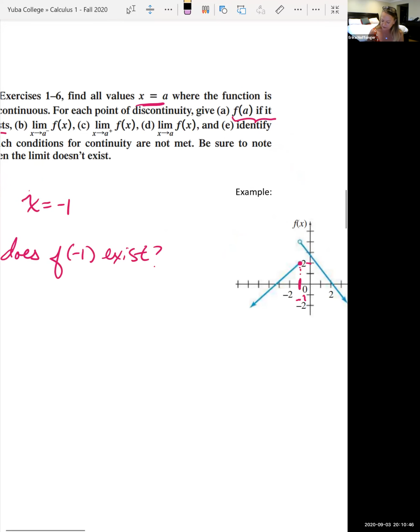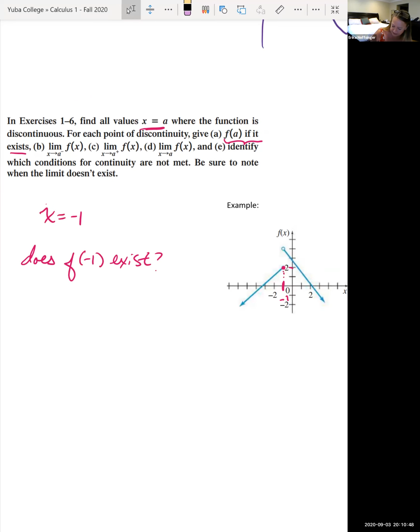So does f of -1 exist? Yes. And we can even state further that f of -1 is equal to the y value, which is 2. Another way to say that is -1, 2 is a point on the graph of f of x.